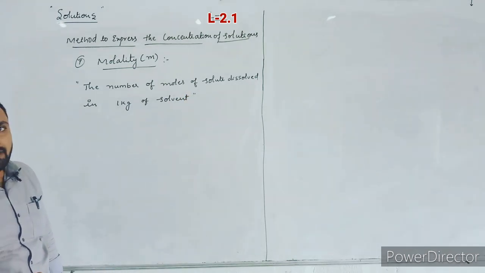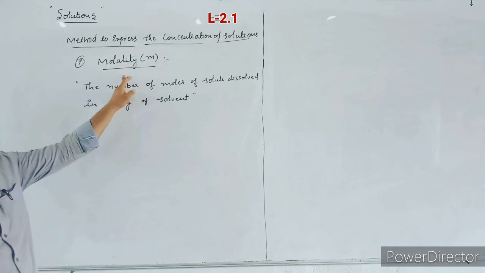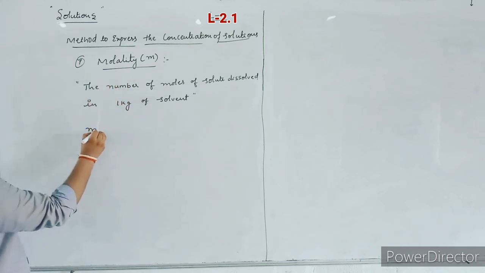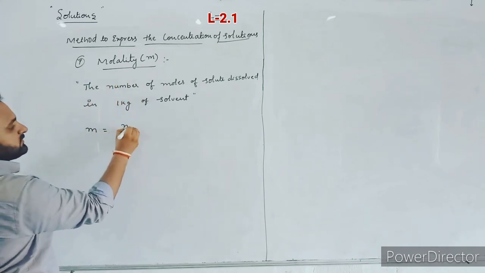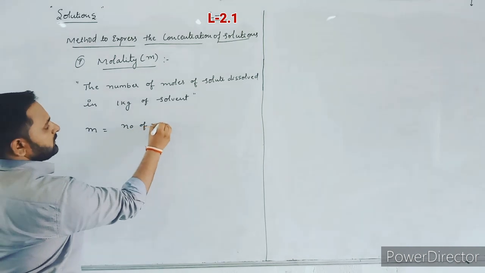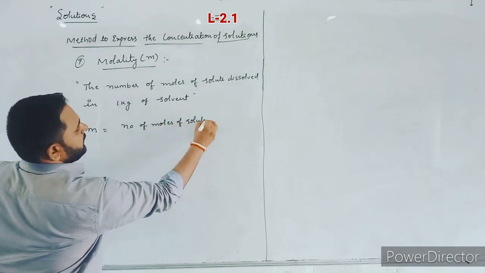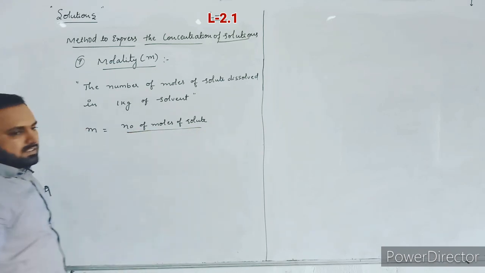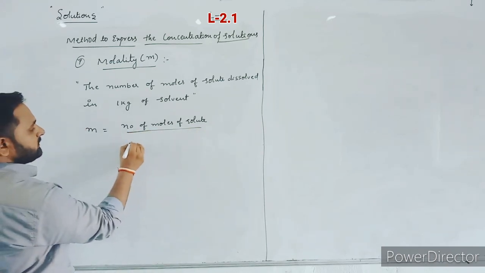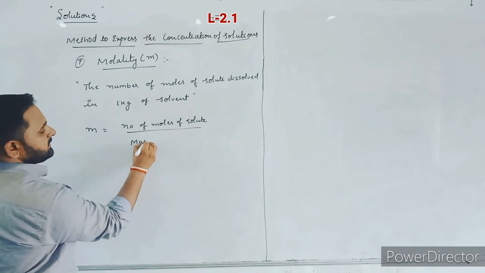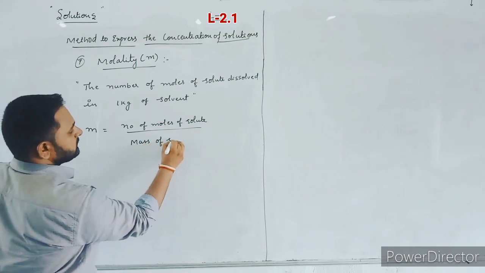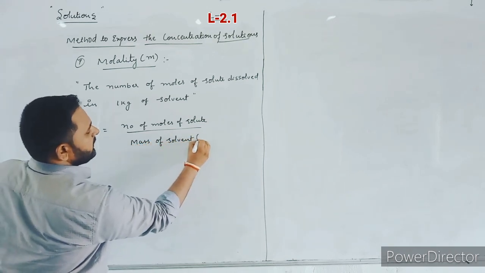Now let us write the mathematical expression for molality. Molality is equal to the number of moles of solute divided by the mass of solvent in kg.